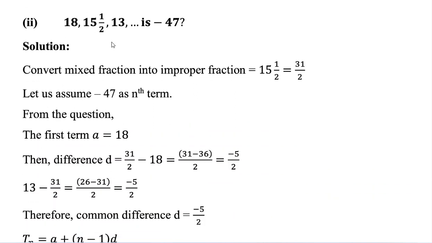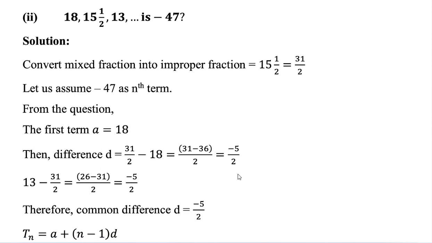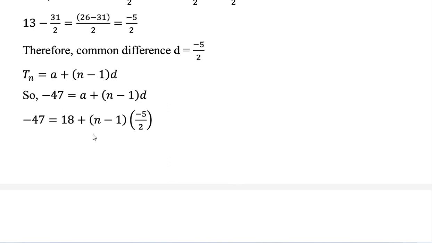For 18, 15 whole 1 by 2, 13 dot dot dot, which term will be minus 47? So the first term is 18, common difference is 15 whole 1 by 2 minus 18, that comes to minus 5 by 2. Right, now put that formula, Tn is equal to A plus (n minus 1) into D. In place of Tn put minus 47.